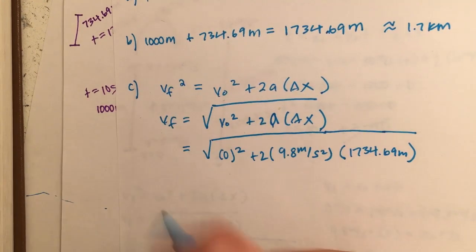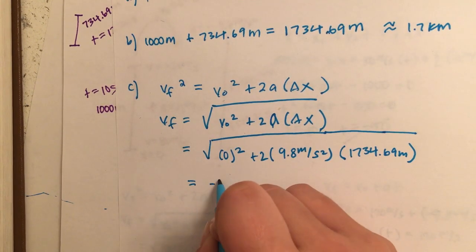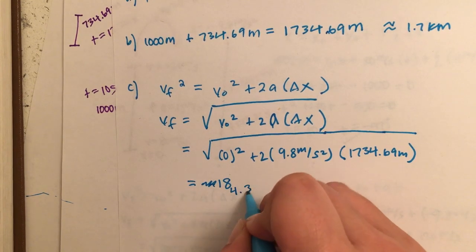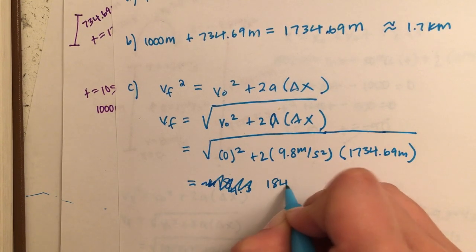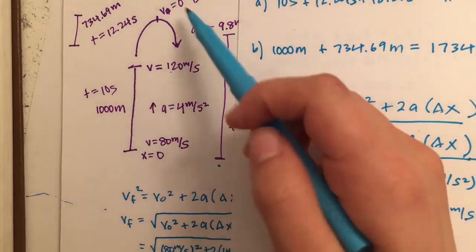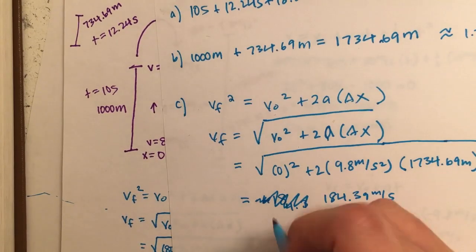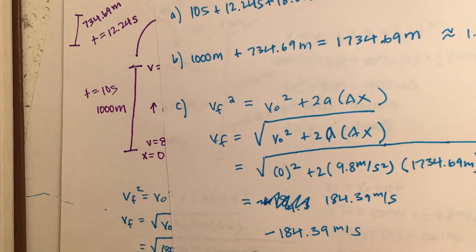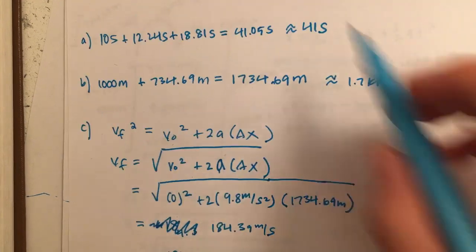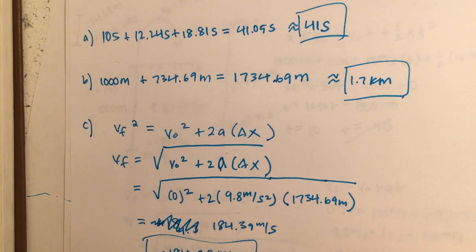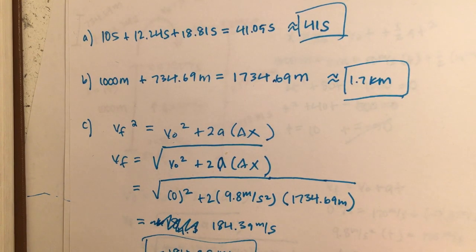Calculate that, and the final velocity is the square root, so 184.39 meters per second. And since the velocity is in the downward direction, it's negative 184.39 meters per second, since negative denotes the downward motion. So that is how you do number C. And this rounds out to negative 184 meters per second.